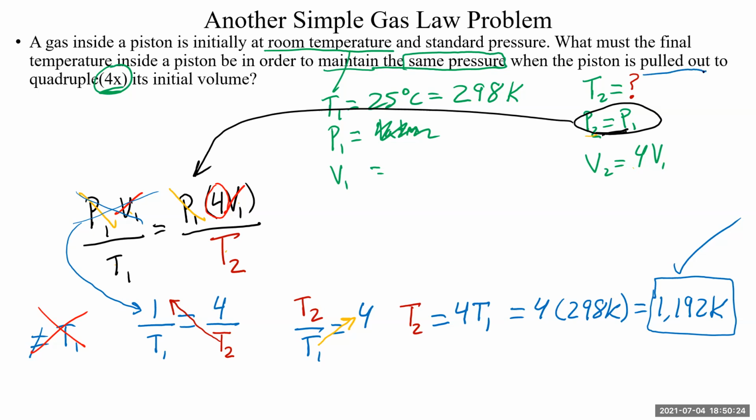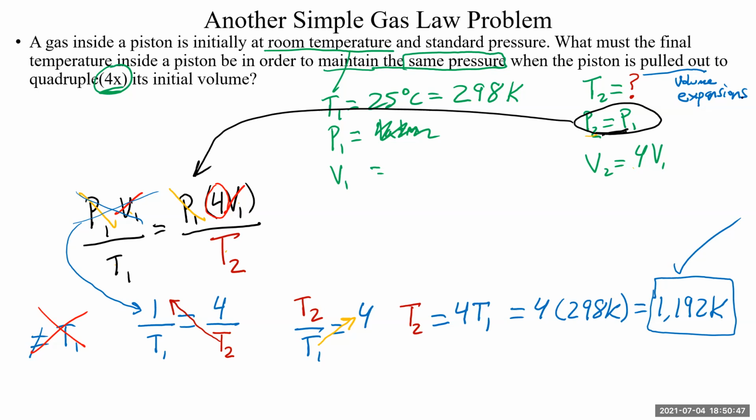So the piston is pulled out. What that means is you've expanded your volume. A bigger volume implies a higher temperature. If you're pulling out the piston, you're giving it a bigger volume. The only way pressure won't drop is if the gas heats up. Otherwise, the pressure would drop.